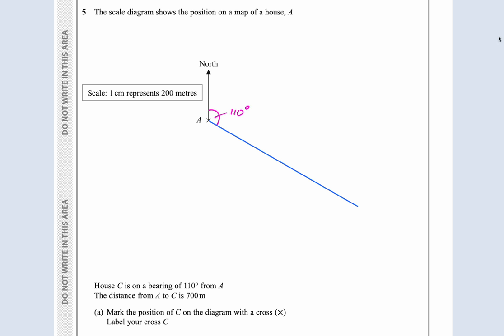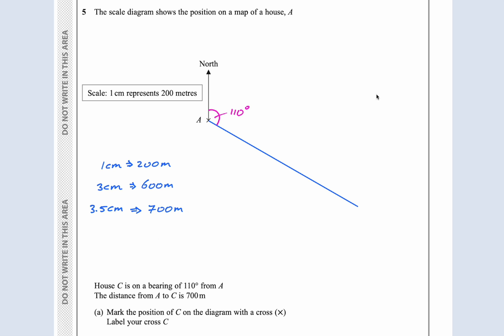And then if 1 centimeter represents 200 meters, then 3 centimeters is 600 meters, because I'm just going to multiply by 3, and 3.5 centimeters represents 700 meters, because half a centimeter is 100.